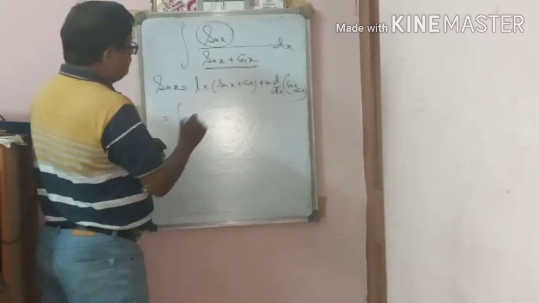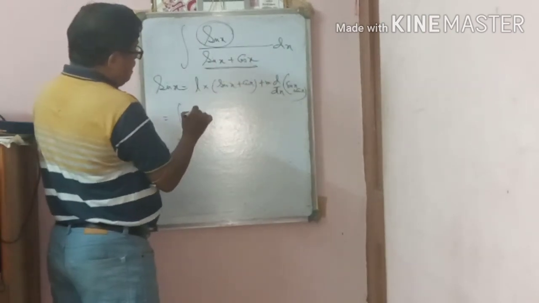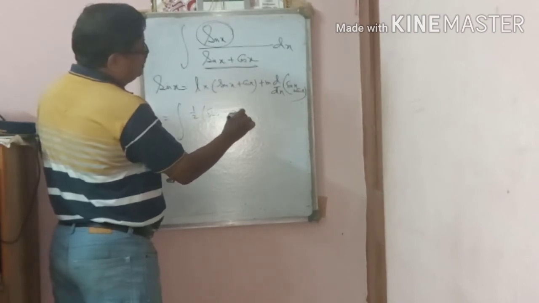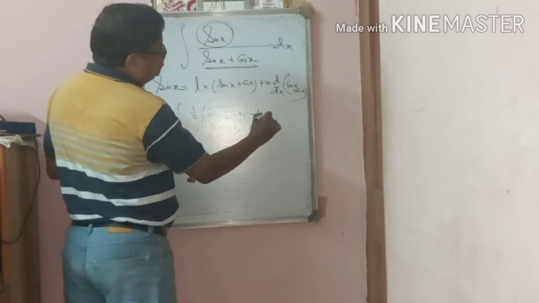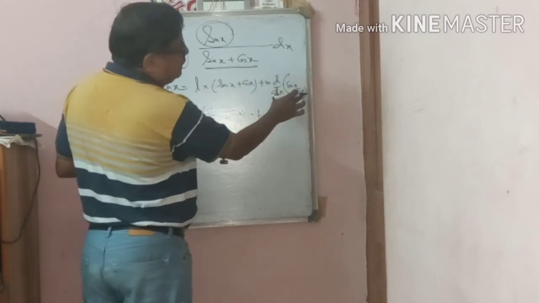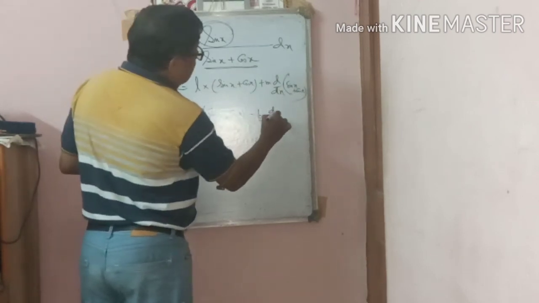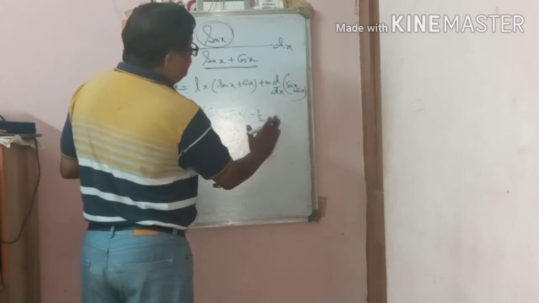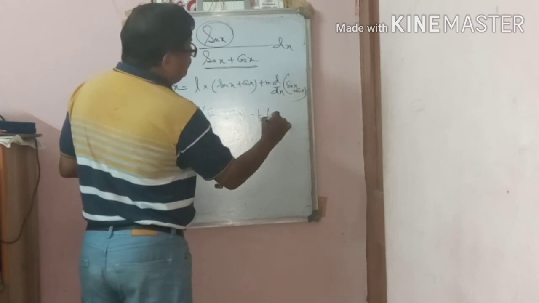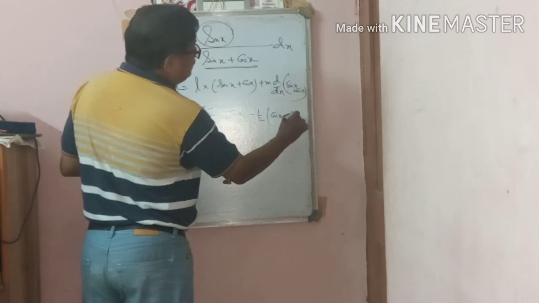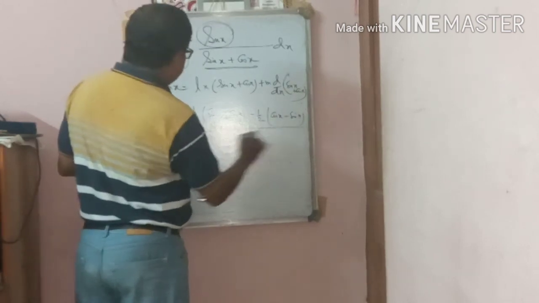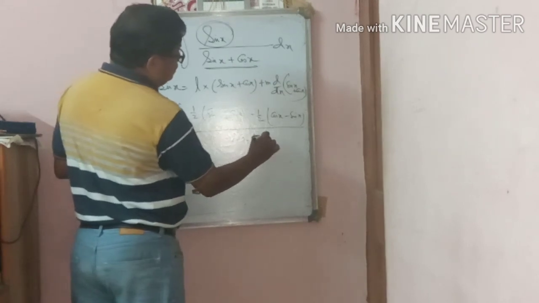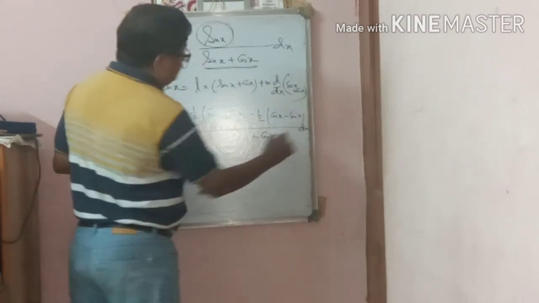So the integration becomes half into sin x plus cos x, minus half d/dx of sin x plus cos x, all over sin x plus cos x, dx.